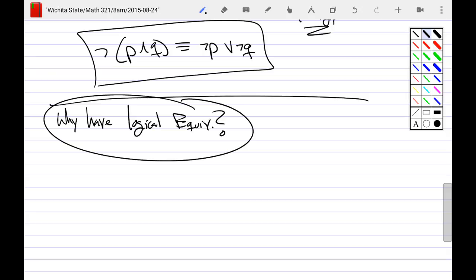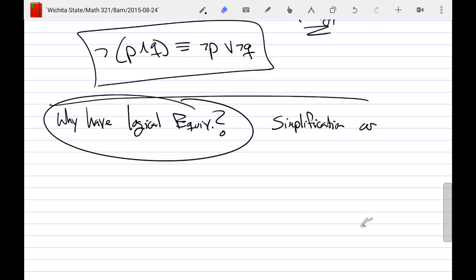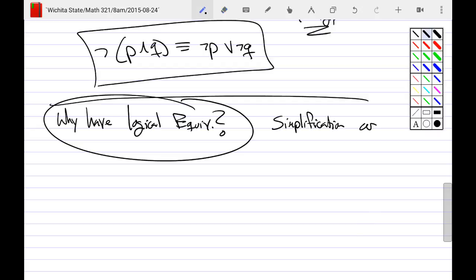You would say, well, these are the same under the exact same conditions. And so one of the ideas of using these things is really down to a question of simplification or manipulation of expressions.